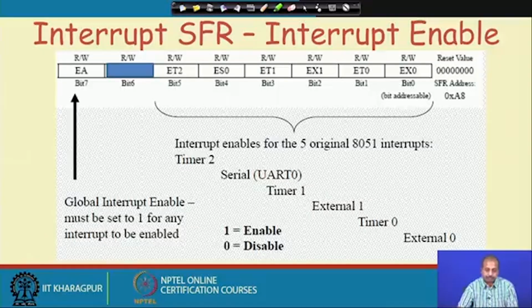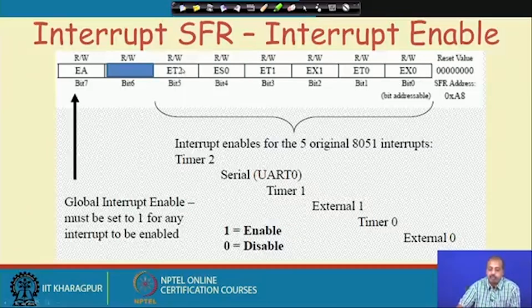The first bit, or bit number 7, is EA, the enable interrupt. This is for enabling all the interrupts in the system. It is a global interrupt enable, and it must be set to 1 for any interrupt to be enabled. If EA is 0, then all the interrupts in the system are disabled.